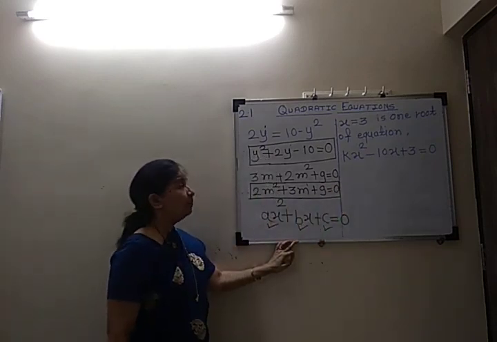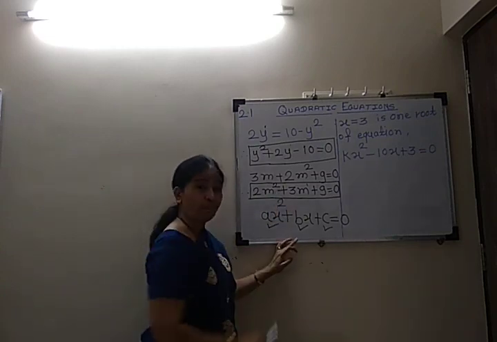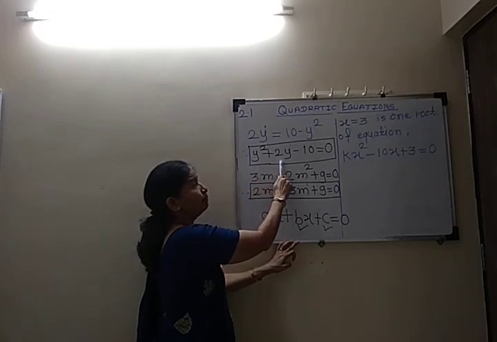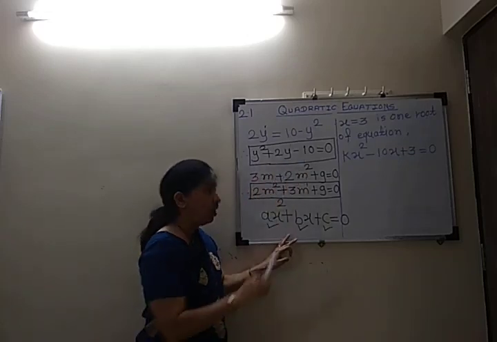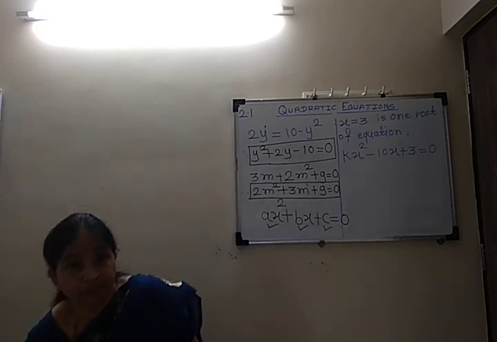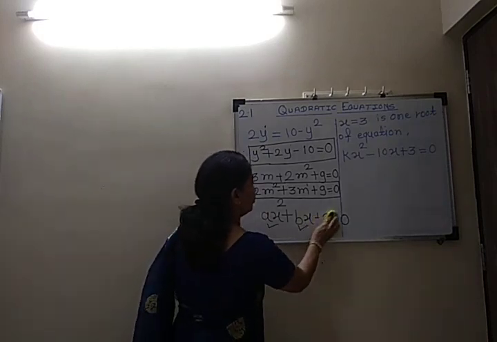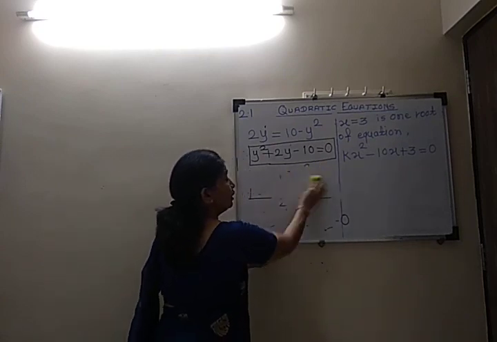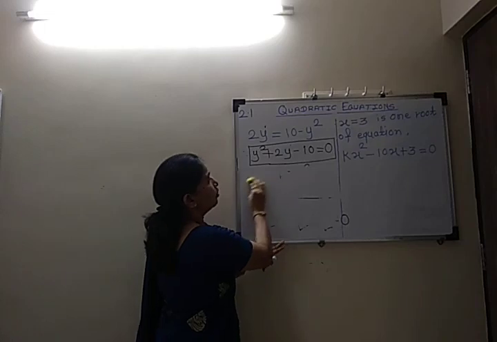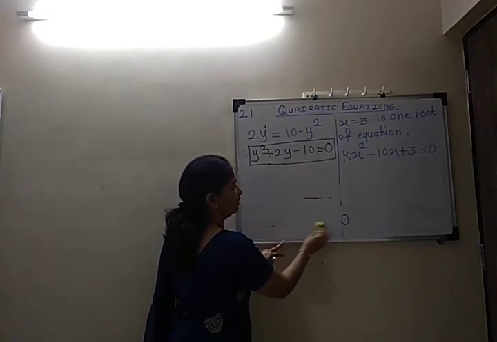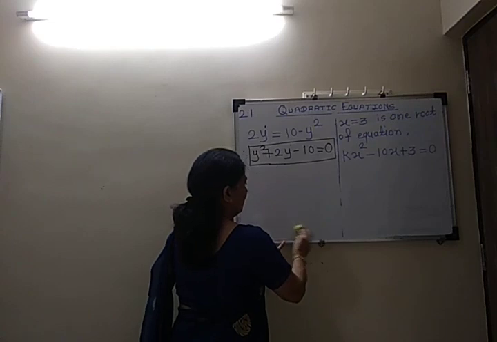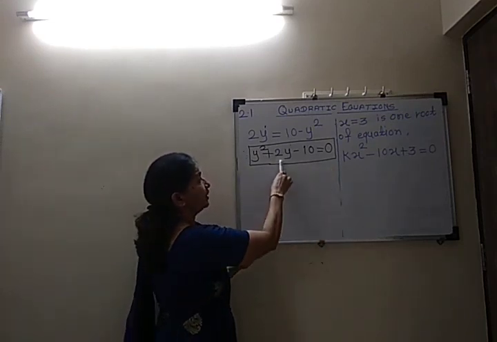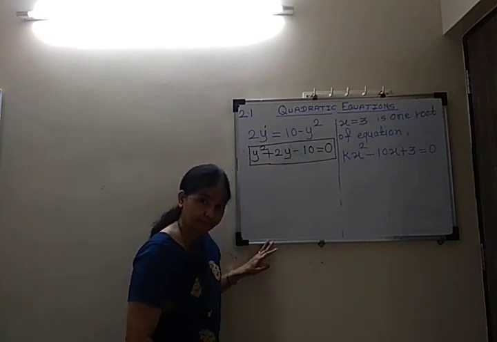Okay. Now they are asking you to find out the value of a, b and c. So how to decide it? For this, remember a is the coefficient of the square term. B is the coefficient of the middle term, that of which index is 1.